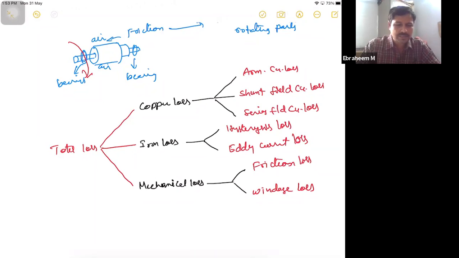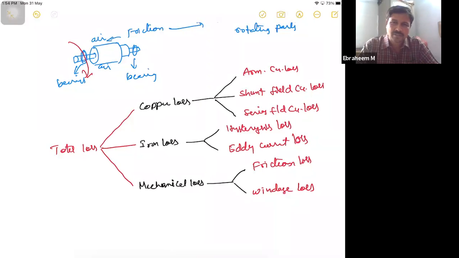The vibration will come when you place the machine on a plinth. Let us say we have mounted the machine on some base, a cement base made of concrete. If the fixing of the machine on the base is not proper, then you will have vibration. That we do not consider, because that is not a loss.